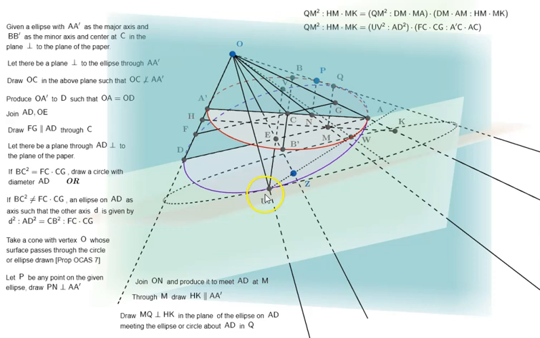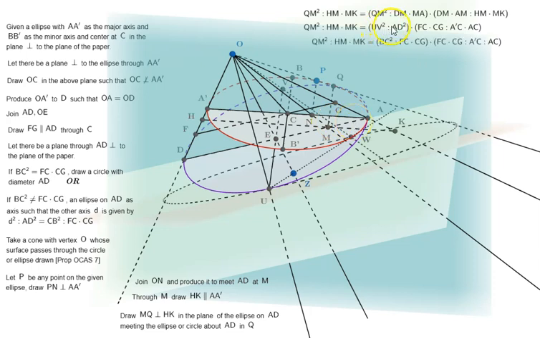Remember, UV is the minor axis of the purple ellipse, and AD is the major axis of the purple ellipse. UV square is to AD square is to FC times CG is to A prime C times AC.